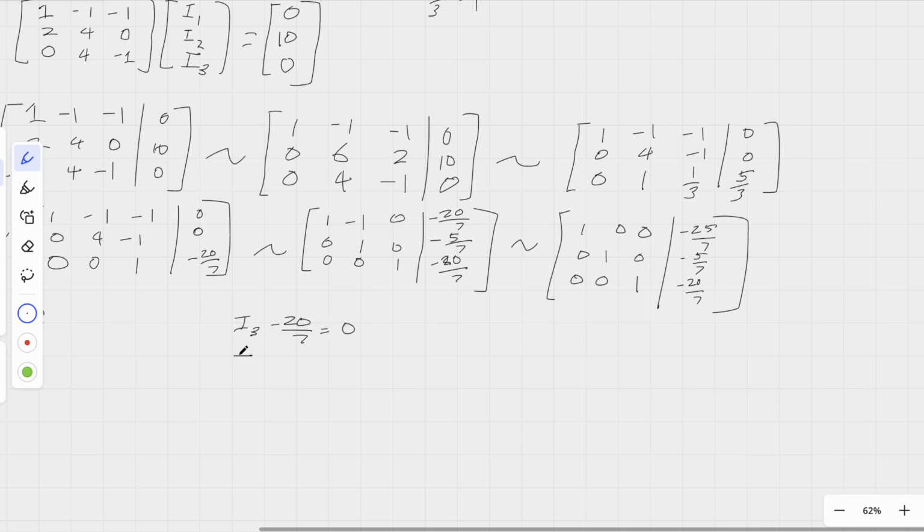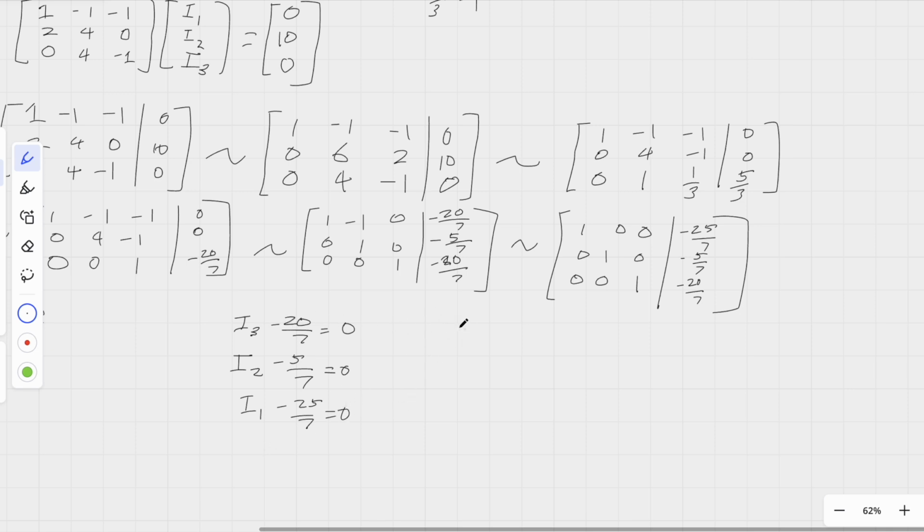The second one is I2 minus 5 over 7 equals 0. And I1 minus 25 over 7 equals 0.